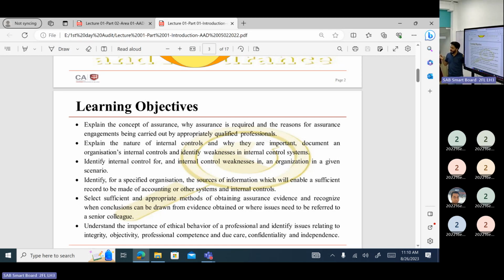How about auditing standards? Auditing standards have three-digit numbers: 350, 300, 600 series, 700 series. So we have a set of auditing standards.